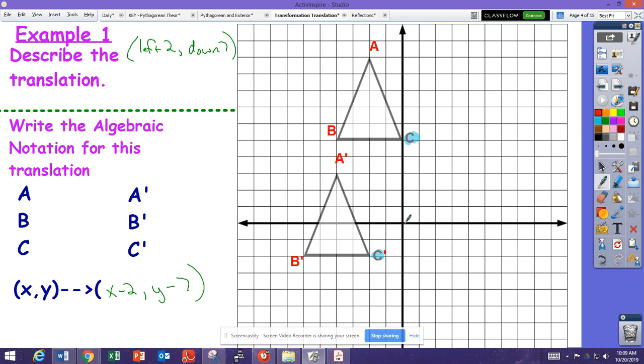How this notation represents what's happening to the points. A is at negative 2, 1, 2, 10. B is at negative 1, 2, 3, 4, 1, 2, 3, 4, 5. So B is at negative 4, 5, and C is at 0, 1, 2, 3, 4, 5.